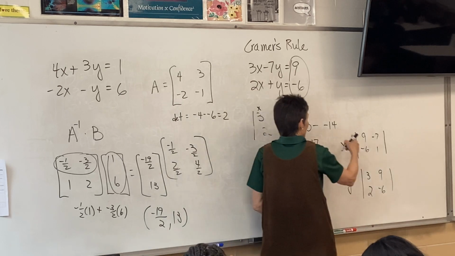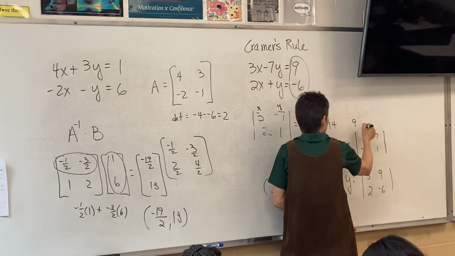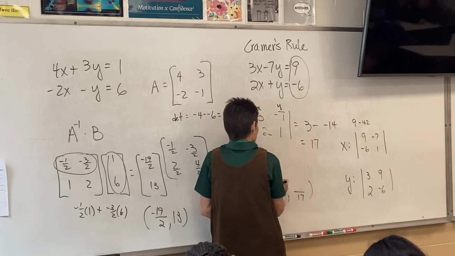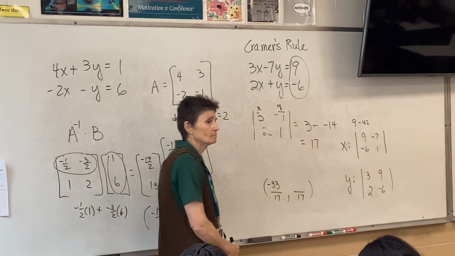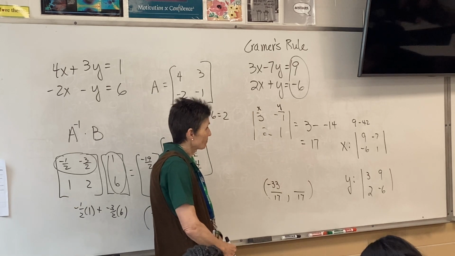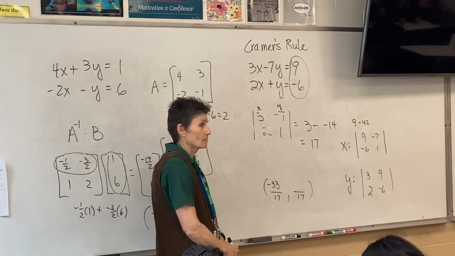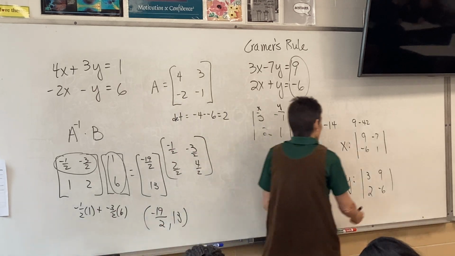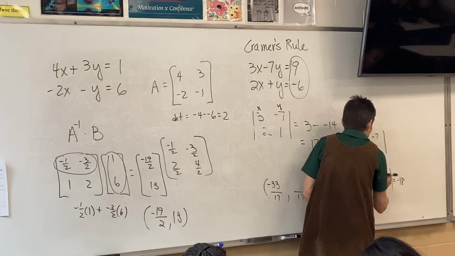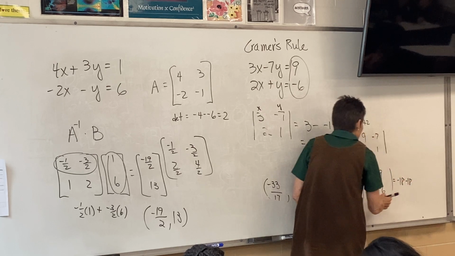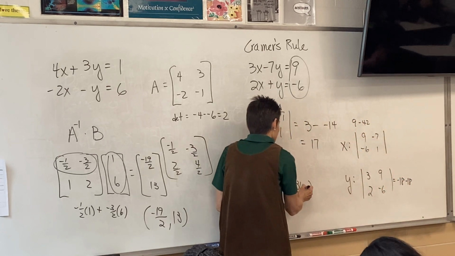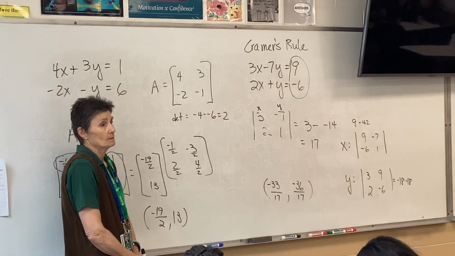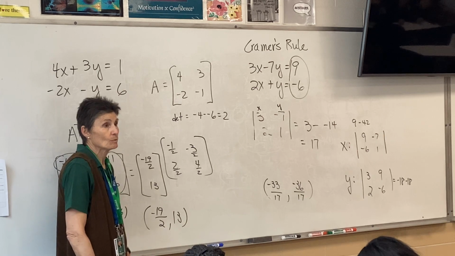All right, so here we go. 9 minus 42, negative 33. Is that right, guys? And the next one is negative 18 minus 18, so it's negative 36. And that's it. That's the answer to the question.